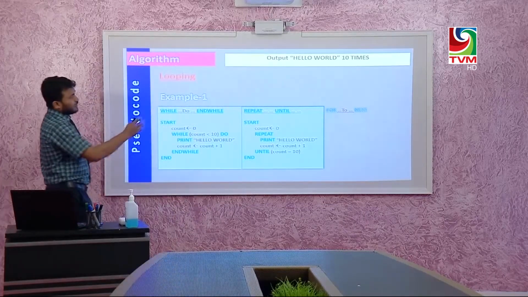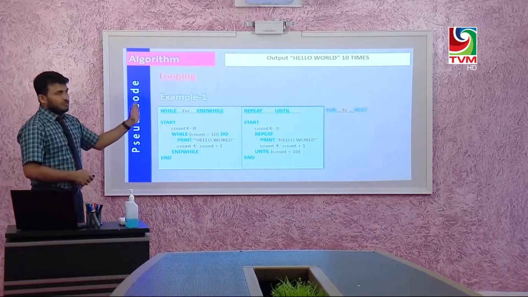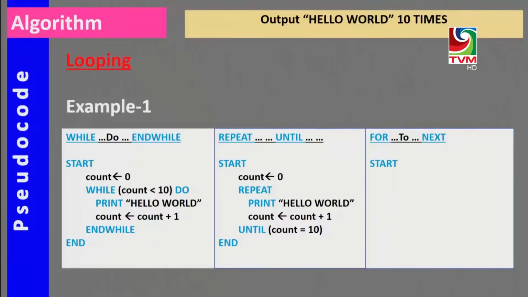Now you can see the third loop statement, that is for to next. Start. This is the syntax: for counter equal to initial value, that is a starting value, to a final value, you are going to print the statement hello world, and next counter is also a loop statement, meaning count equal to count plus 1.